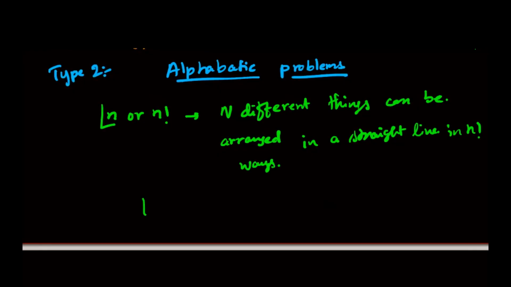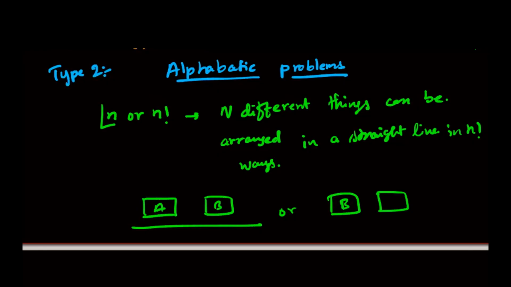Let's suppose we have two different objects, A and B. Right. So in a line, in how many ways can I keep it? So one is this way, A, B first, or you could have B first. You can arrange B first and A later. So order is important. So two ways are there, right? So two different objects are there. So two ways, two into one. So it becomes 2 factorial, right?